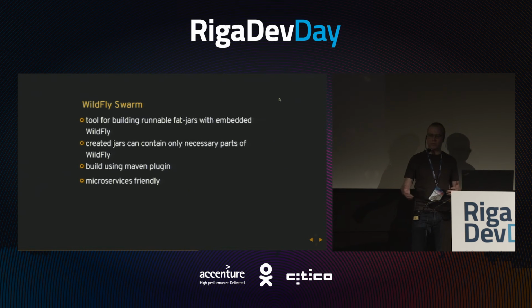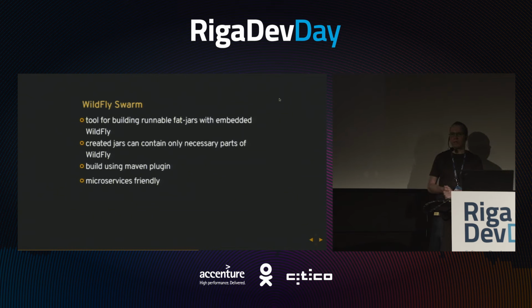In WildFly Swarm, it's a runnable fat jar scenario, so you are obtaining a runnable jar. And in WildFly Swarm, as I said, we are a little bit further, so you can very easily do it with very little amount of configuration. You can create runnable microservices, again, with only those parts of WildFly that are needed in your use case.